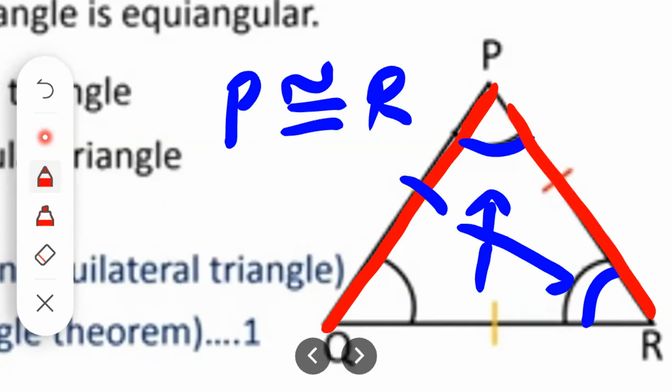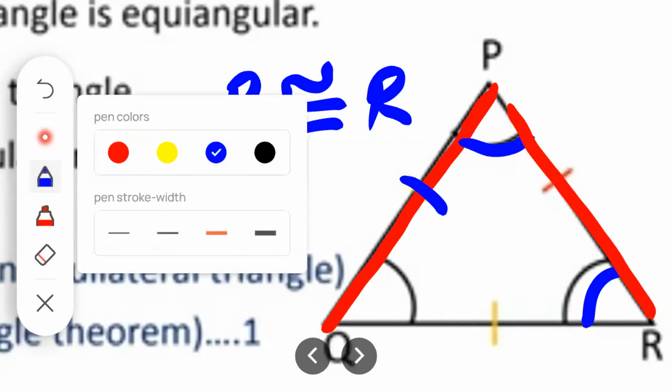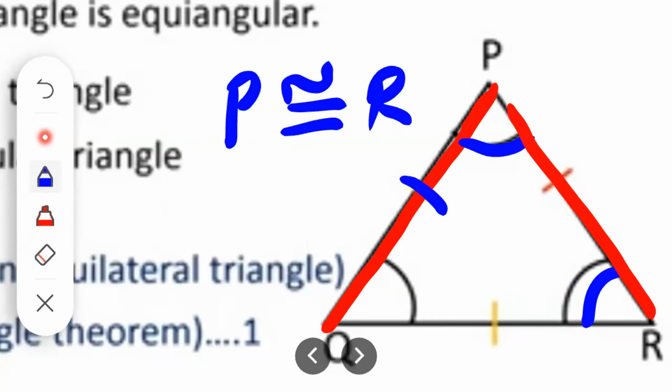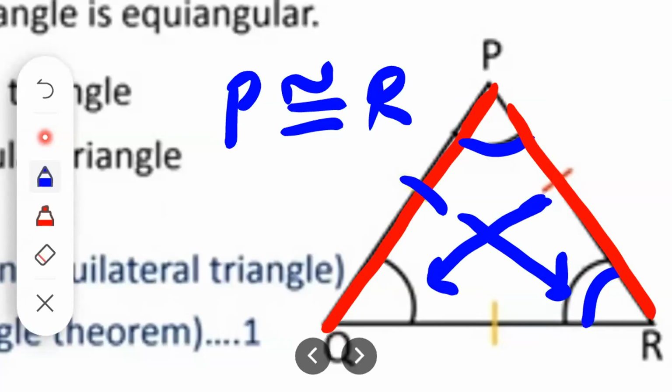The angle opposite to side PQ is R, and the angle opposite to side PR is Q. That means R and Q are congruent.